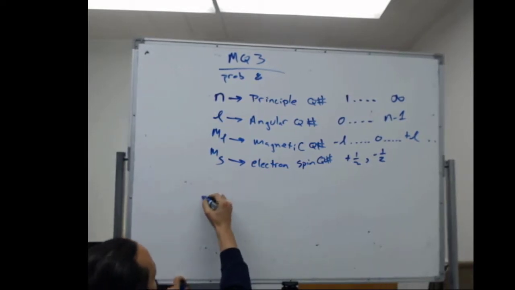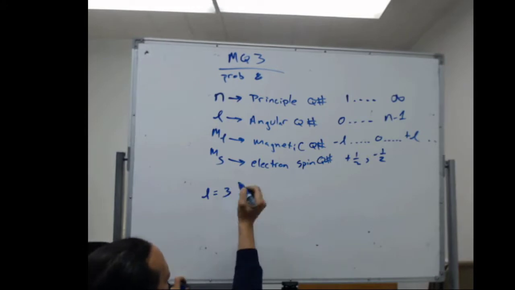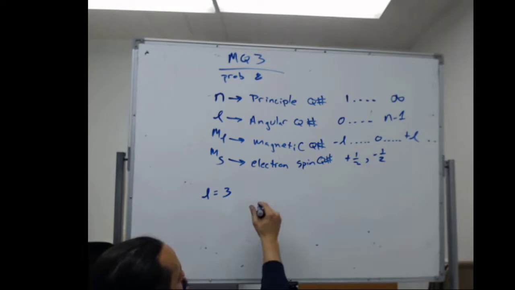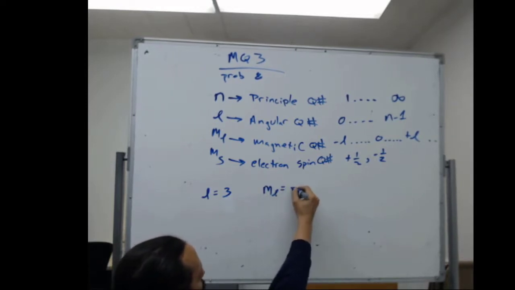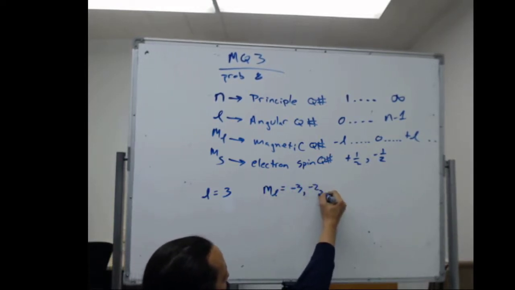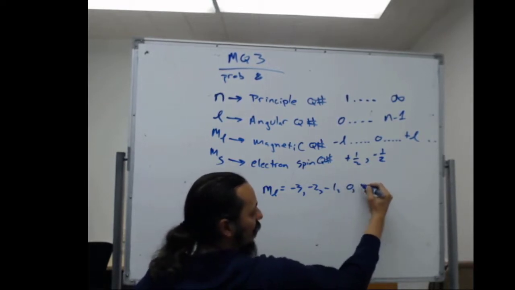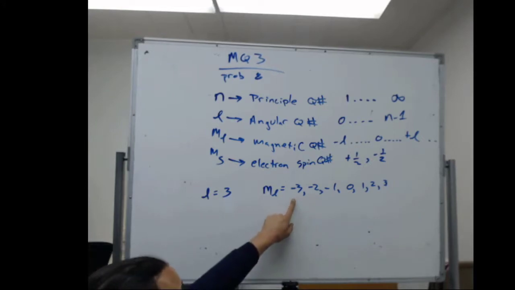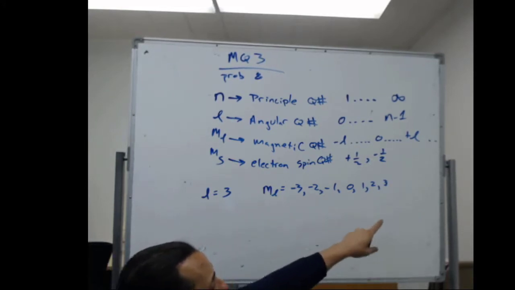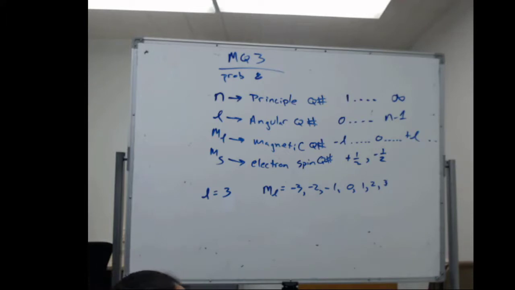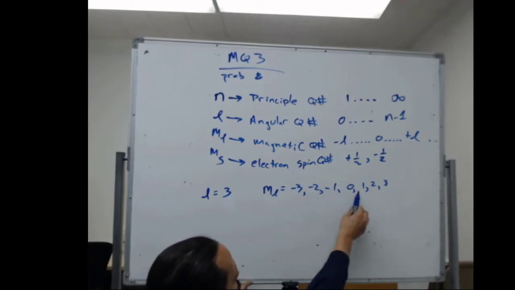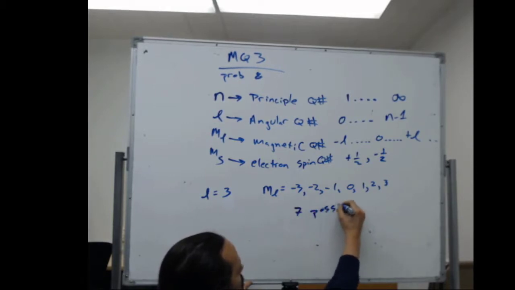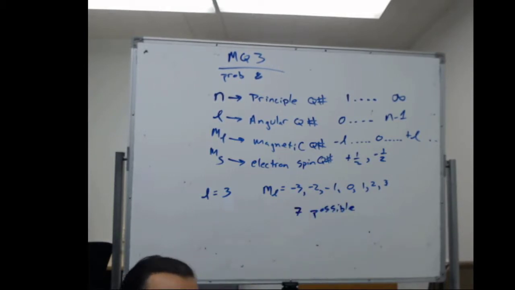So if L equals 3, then my m sub L could be minus 3, minus 2, minus 1, 0, 1, 2, or 3, all the way from negative L up to positive L by steps of 1. And then I just count how many there are. 1, 2, 3, 4, 5, 6, 7. So I have 7 possible.